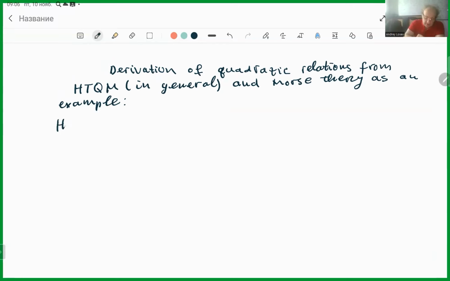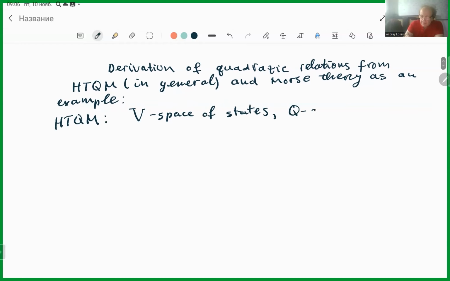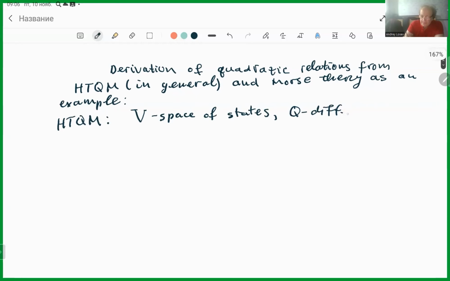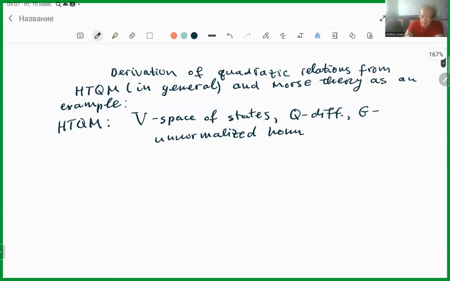So we will start with higher topological quantum mechanics, where we have V, space of states, Q, differential, G, so-called unnormalized homotopy, H, anticommutator of Q and G.